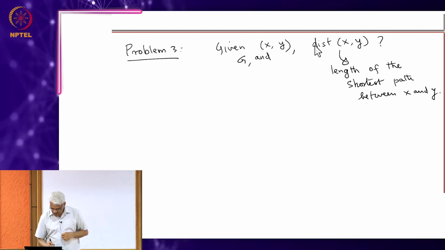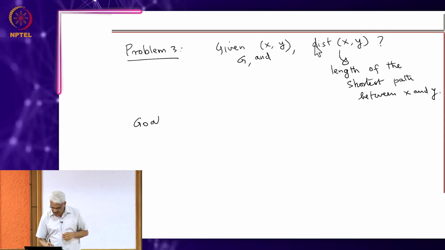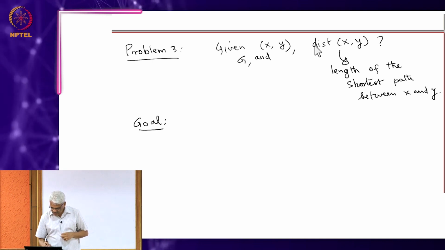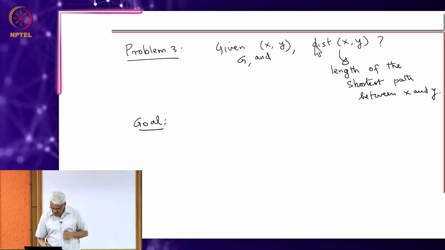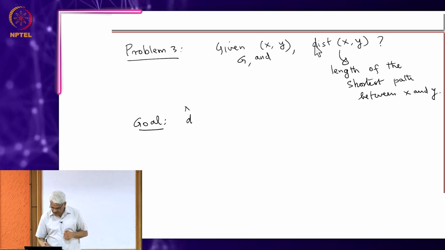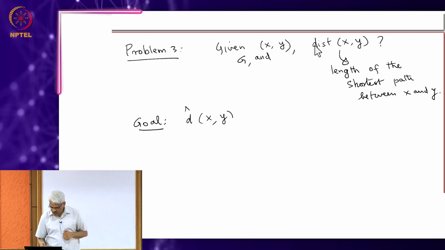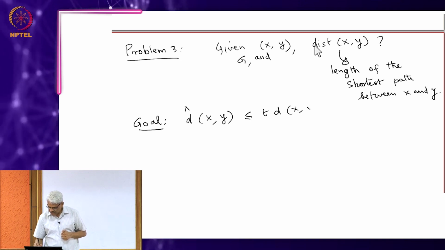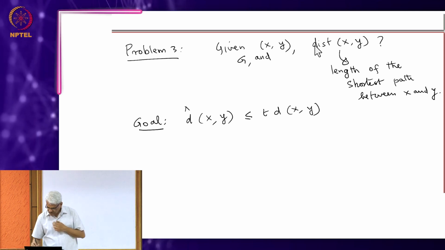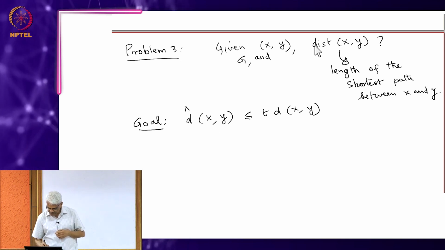So the goal now is to find some d hat xy, which is at most some t times dxy. Okay, t is some parameter.